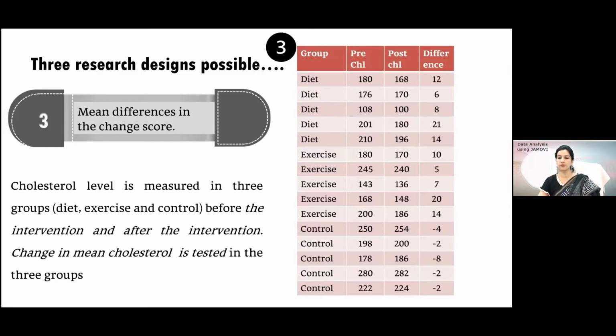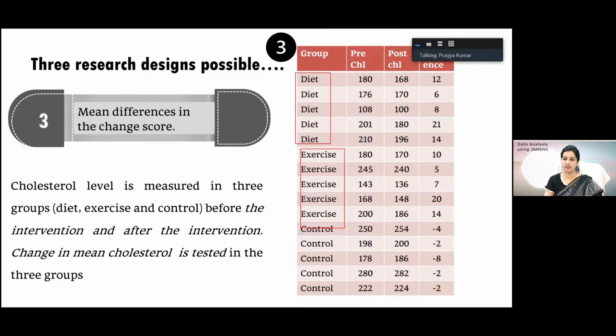If you want to see whether there is a change in the mean score between these 3 groups, diet, exercise, and control, we will be doing this difference. So we are going to compare the change score across these 3 groups. Then also we can apply one-way ANOVA.